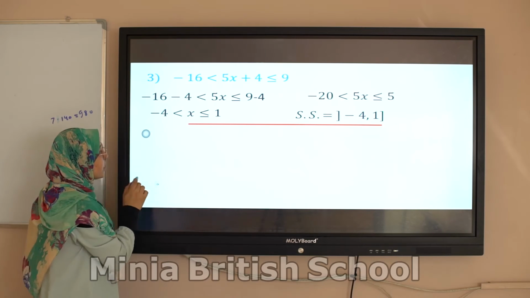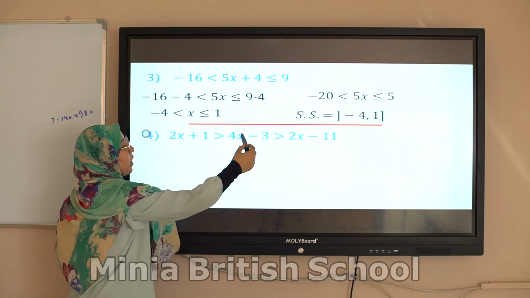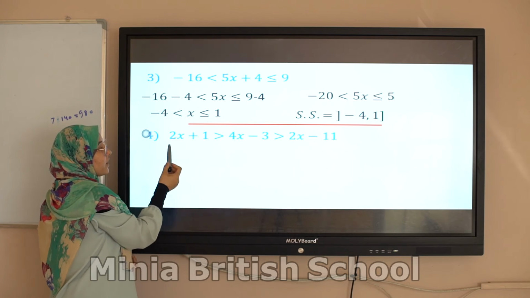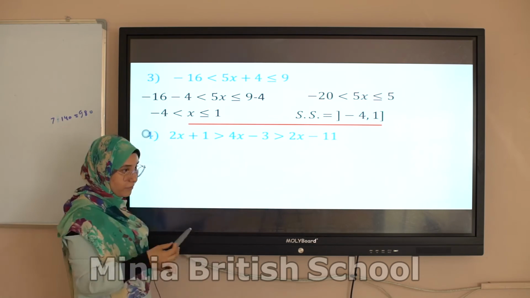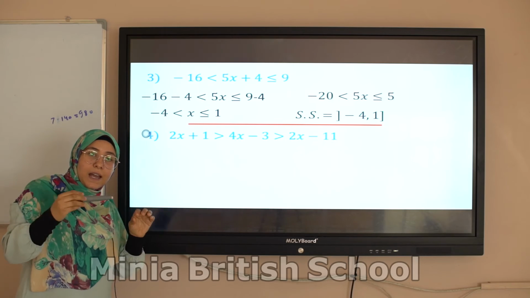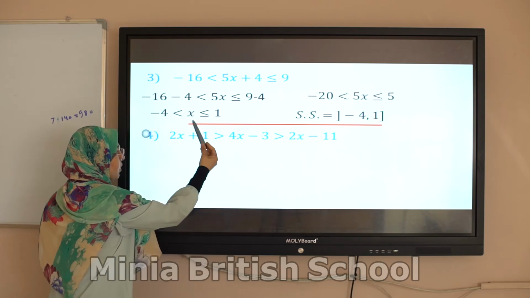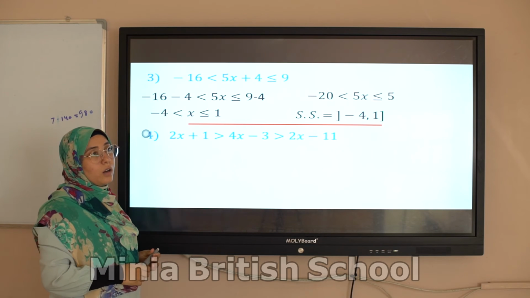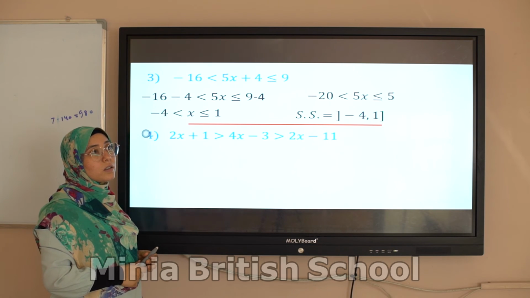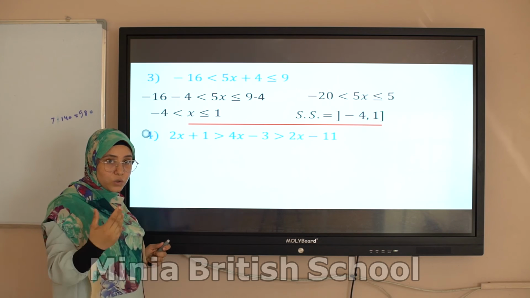The last exercise here, I have 4x minus 3 greater than 2x plus 1 and less than 2x minus 11. Now I have x on each side, but I want to put x on one side of the inequalities, okay?